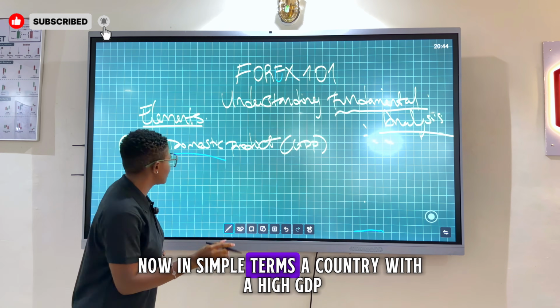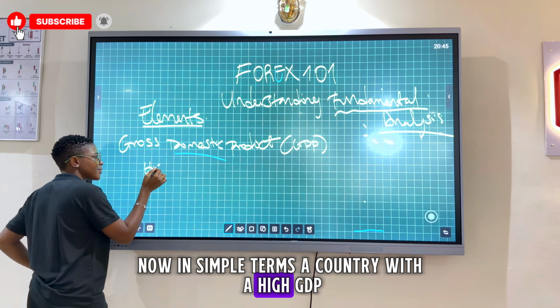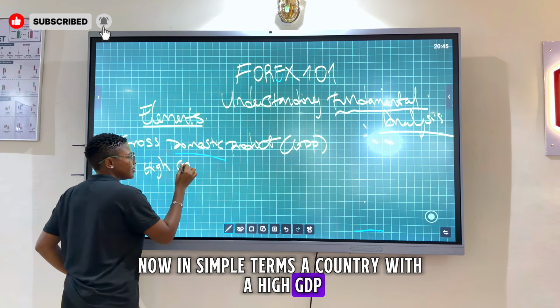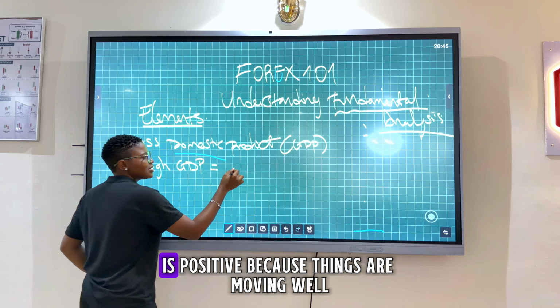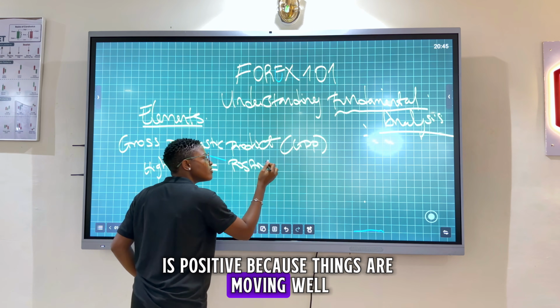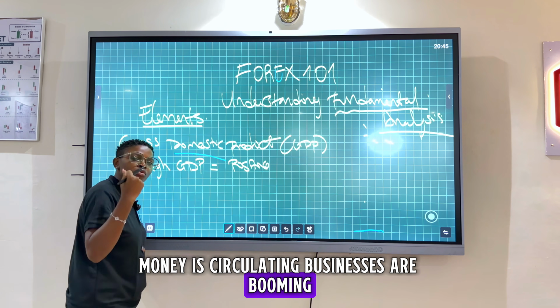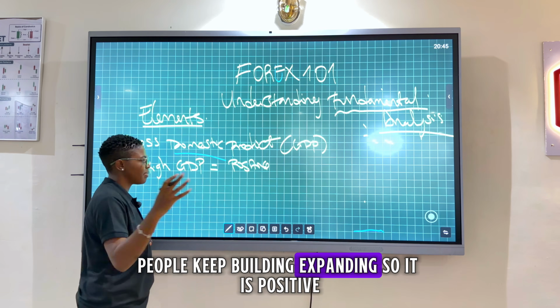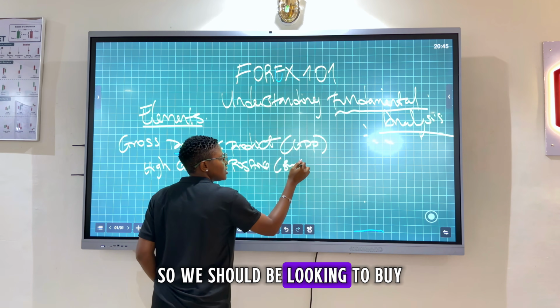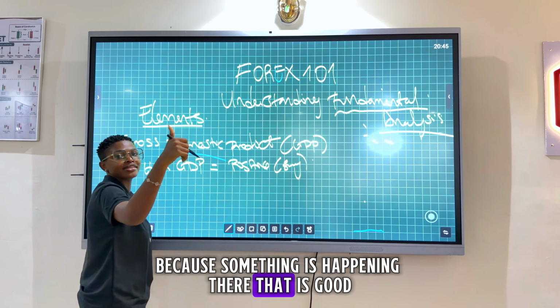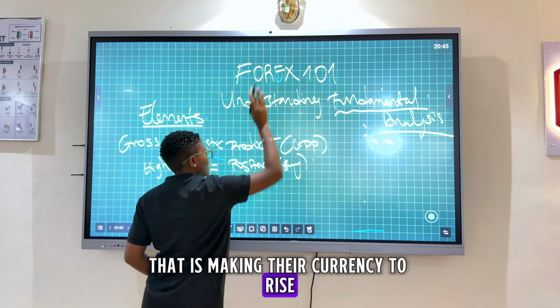Now, in simple terms, a country with a high GDP is positive because things are moving, money is circulating, businesses are booming, people keep building, expanding, so it is positive, so we should be looking to buy because something is happening there that is good, that is making their currency rise.